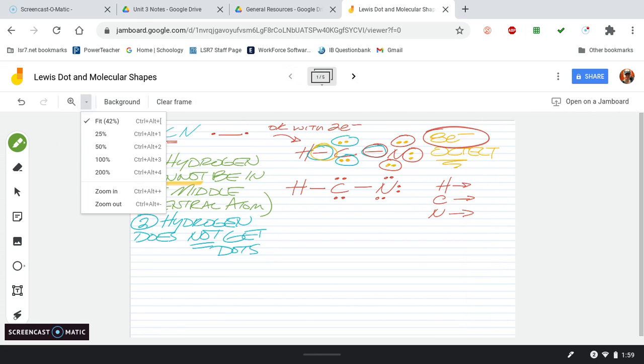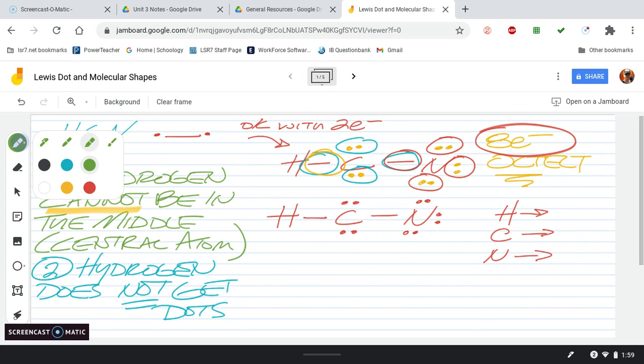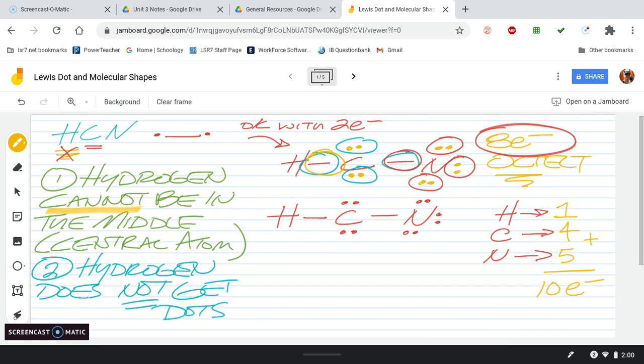Let's go ahead and zoom in. Okay, so hydrogen is going to get 1 electron. Carbon gets 4, and nitrogen gets 5. So if we add those up, 1 plus 4 plus 5, we're allowed to have 10 electrons. So how many do we have?